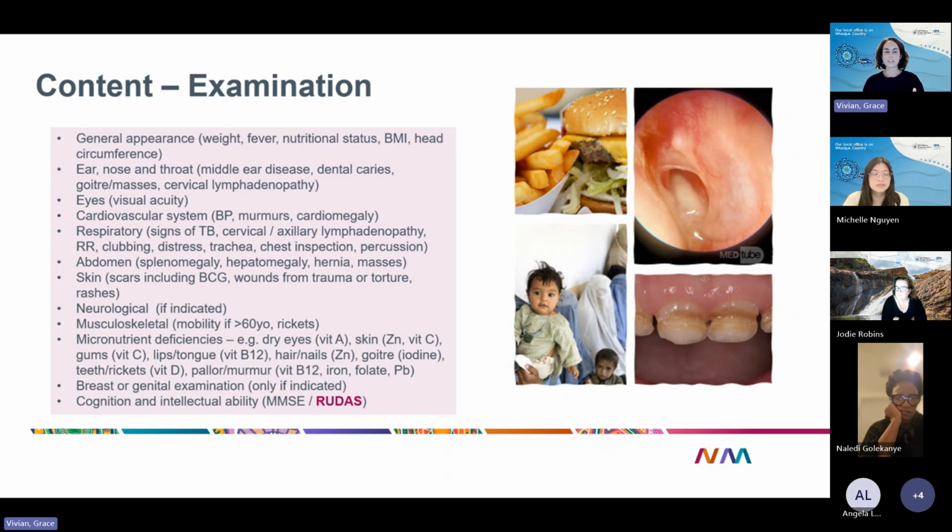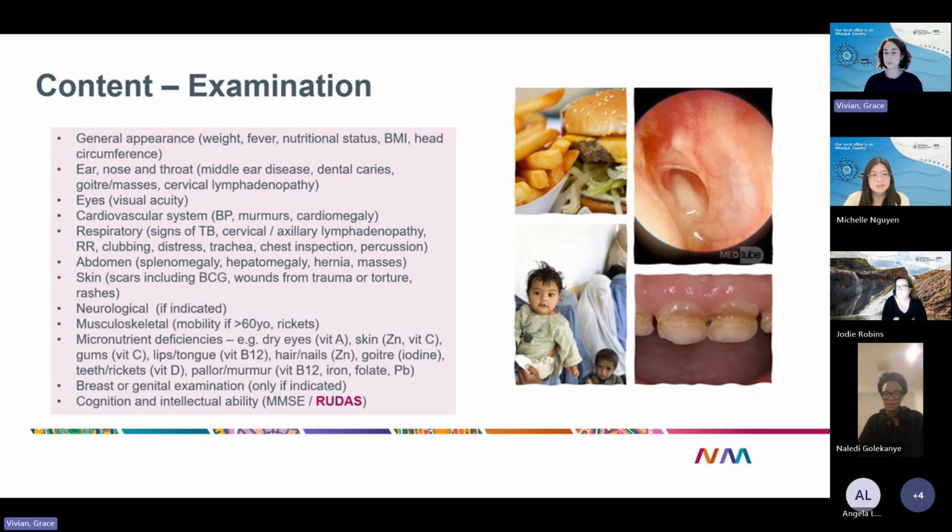I might draw your attention to the highlighted word down the bottom, the RUDAS. So as I mentioned, we've got a lot of patients coming through with disabilities. Sometimes that can be related to intellectual disabilities. We've had more elderly patients coming through who've reported memory problems.